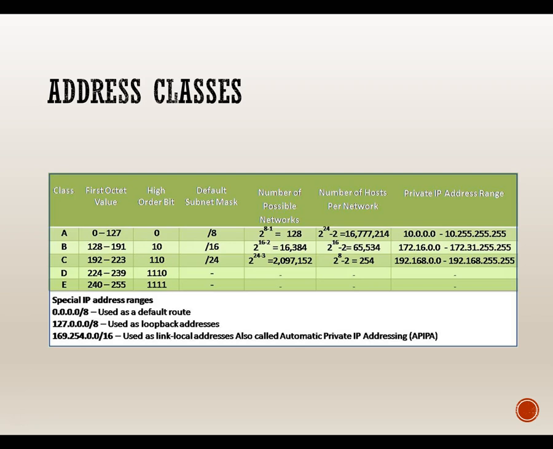This is another chart on the classes. We can look at what they are. Class A is 0 to 127. 127 is reserved for loopback.